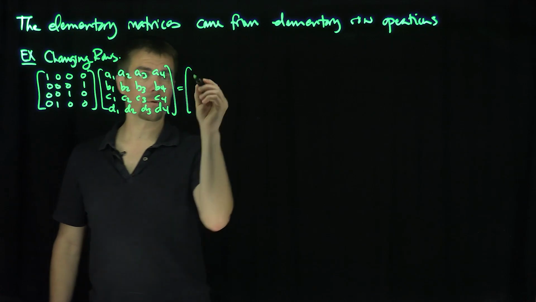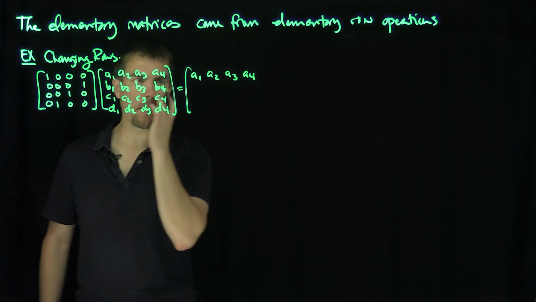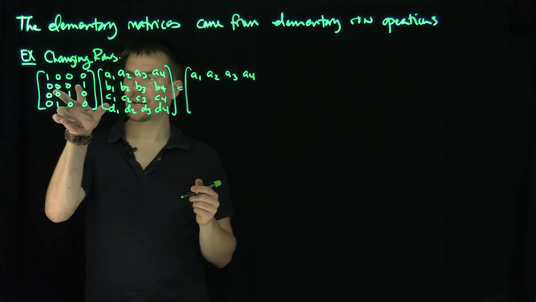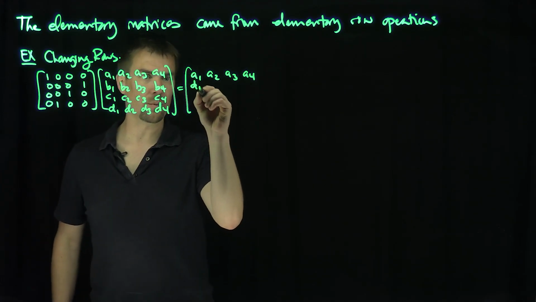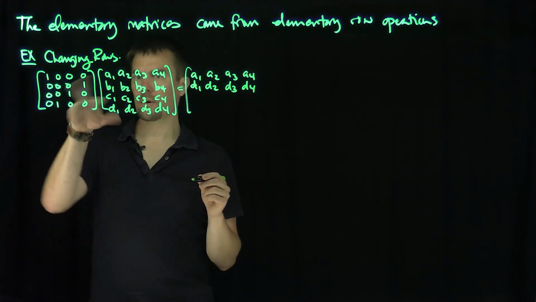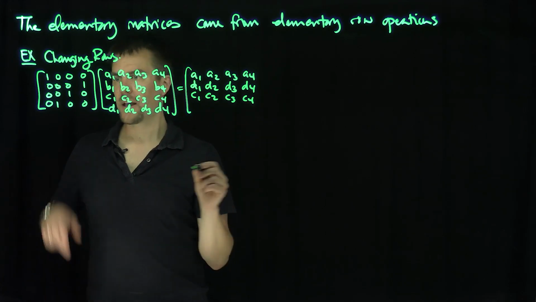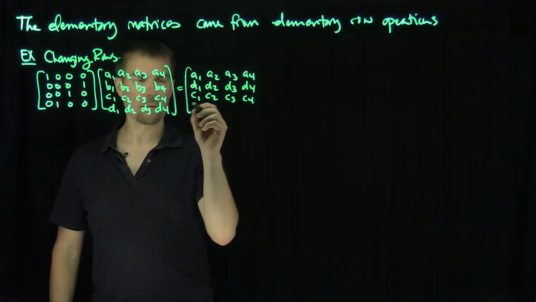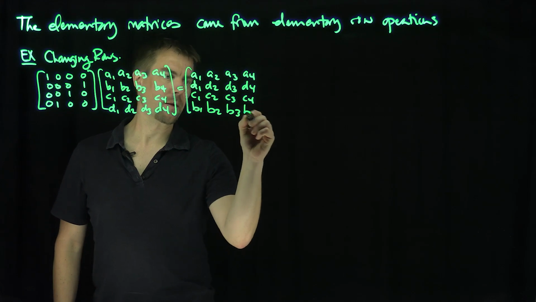This identity part of the first row means the first row is preserved: A1, A2, A3, A4. Then as I do the second row dot columns, I'm going to get the D row, D1, D2, D3, D4. The third row looks like it's going to stay the same, C1, C2, C3, and C4. And then I'm going to put the second row in the fourth row, so I have B1, B2, B3, B4.